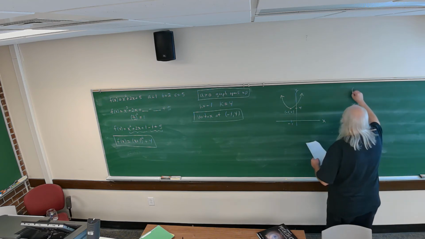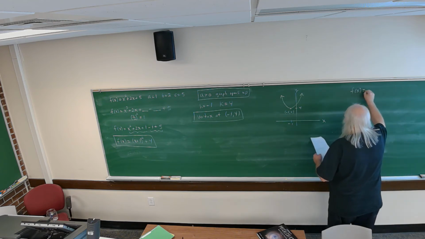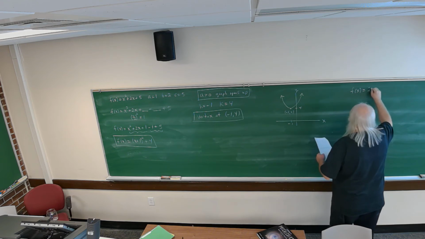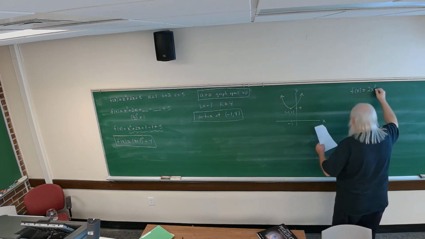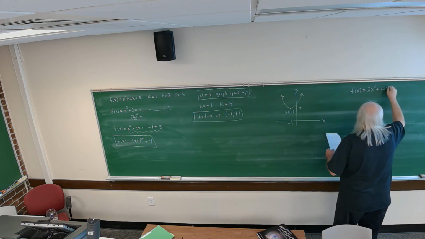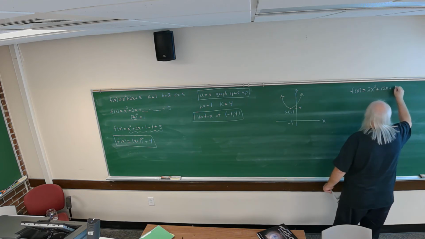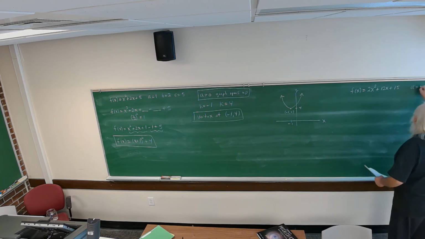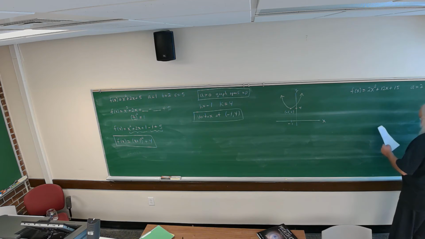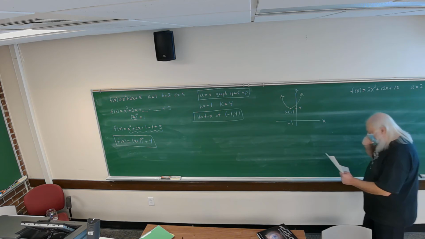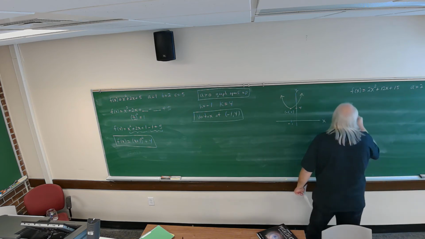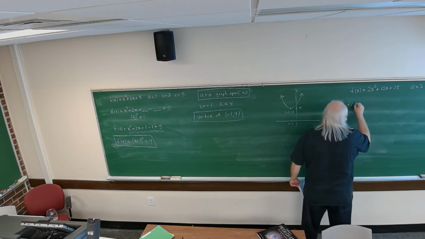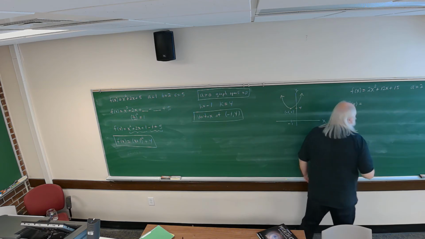In B, we have f of x is equal to 2x squared plus 12x plus 15. Right? So A is equal to 2 in this problem. B is equal to 12. And C is equal to 15. So what's the first thing we got to do? A isn't equal to 1 in this case.